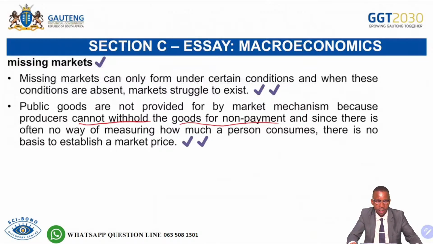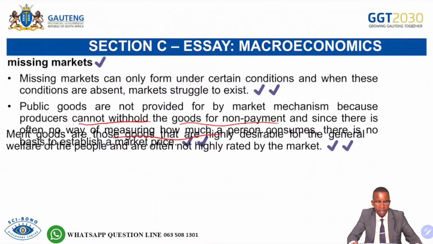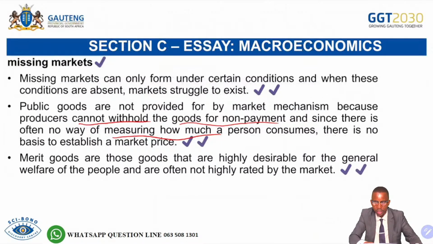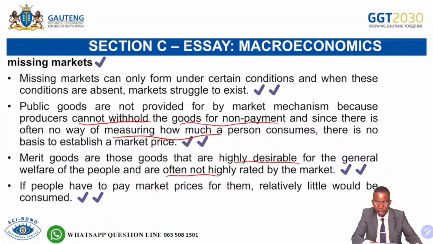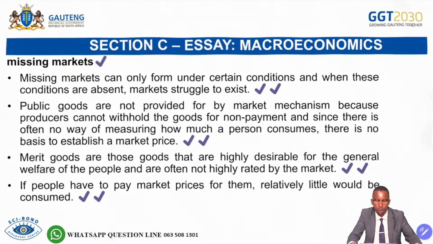And since there is often no way of measuring how much a person consumes, there is no basis to establish a market price. Then merit goods are those goods that are highly desirable for the general welfare of people and are often not highly rated by the market. If people have to pay market prices for them, relatively little will be consumed.